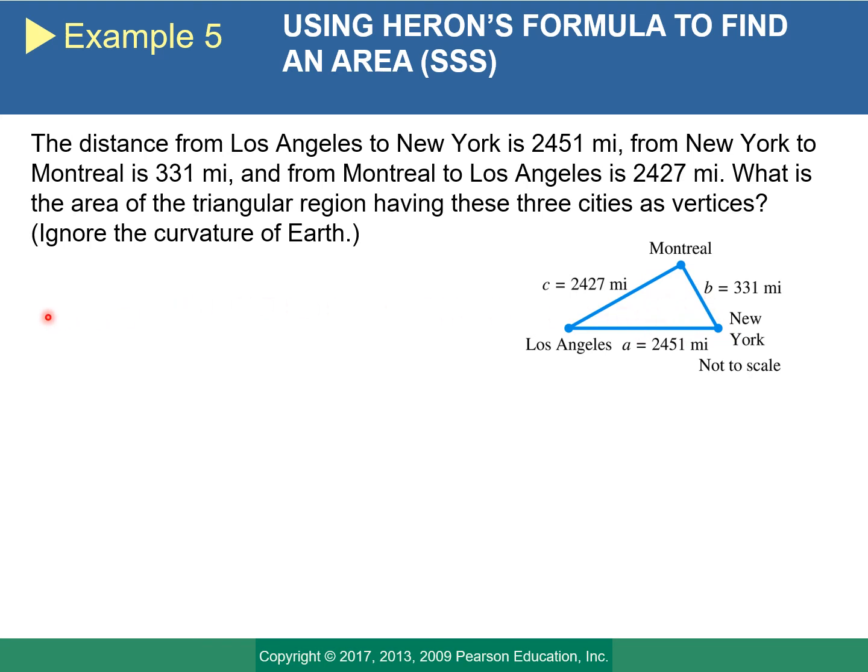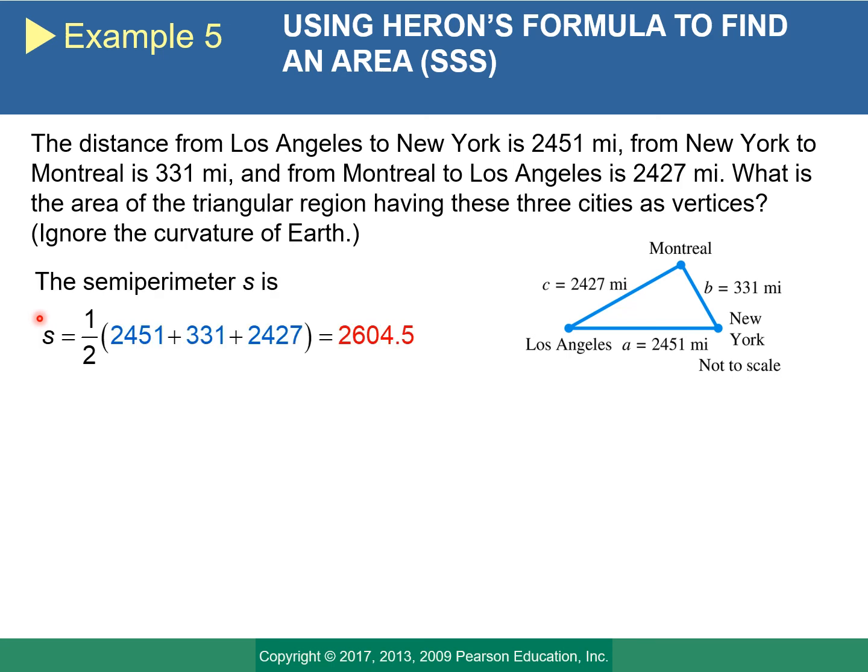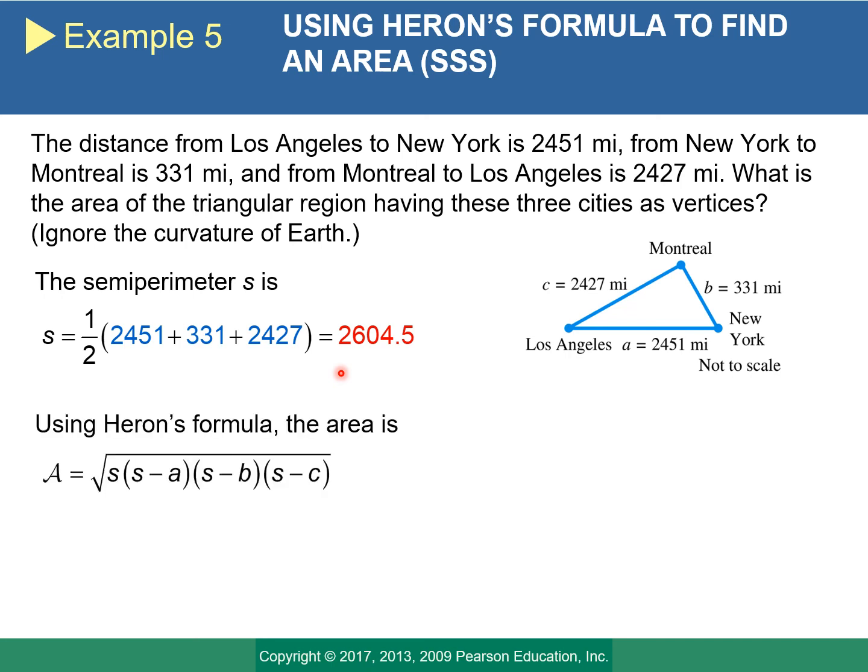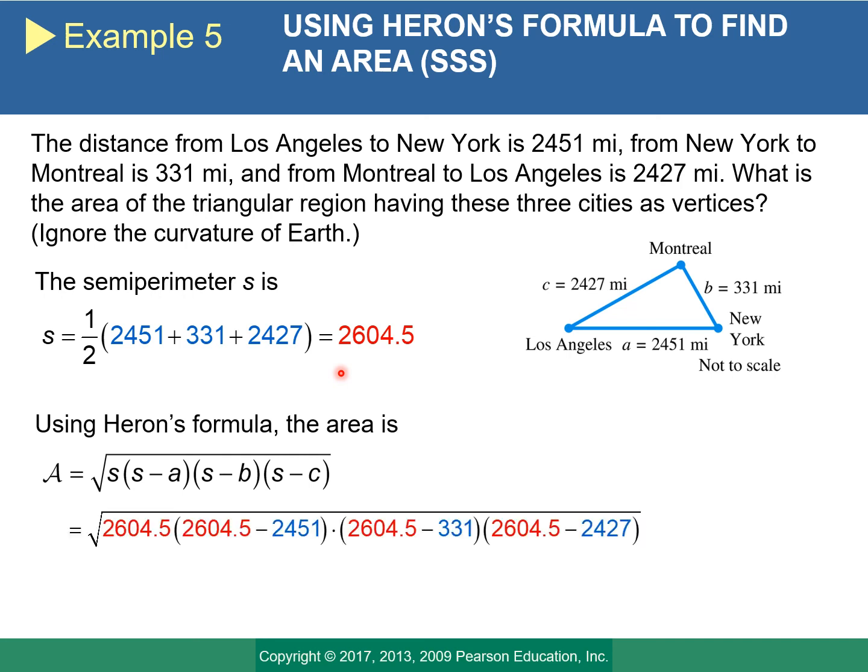We do know all three side lengths, in this case it's distances, and so we have to use Heron's formula to figure out the area. So start by calculating the semi-perimeter. So it's the sum of the three side lengths divided by 2, so that's 2604.5. And then we plug into our area formula that value of S, and then all three values for our side lengths.